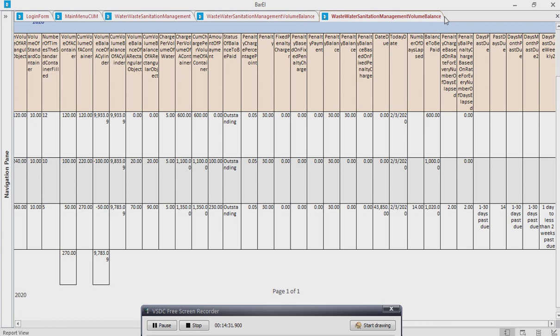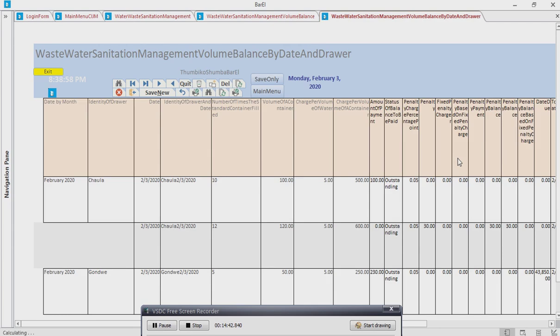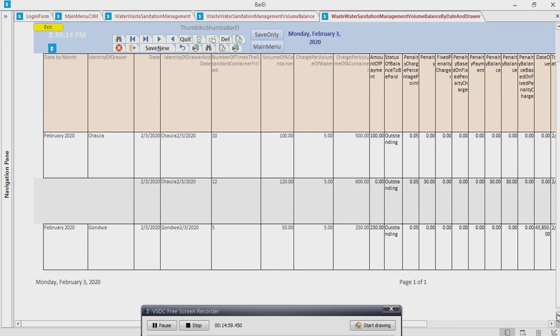Let us look at another report. All these are outstanding balances for Chaula.